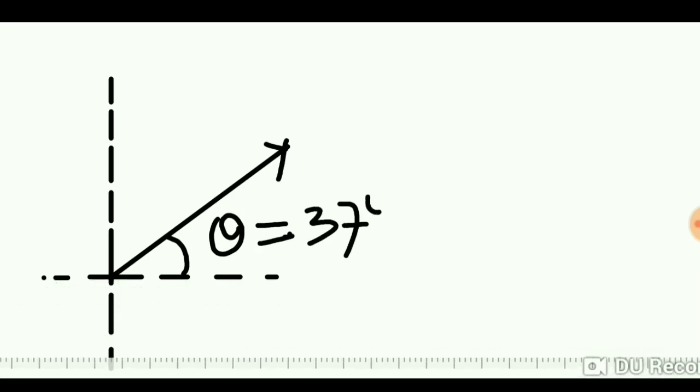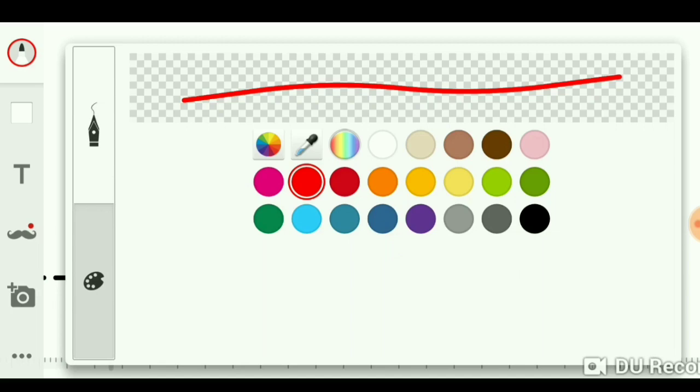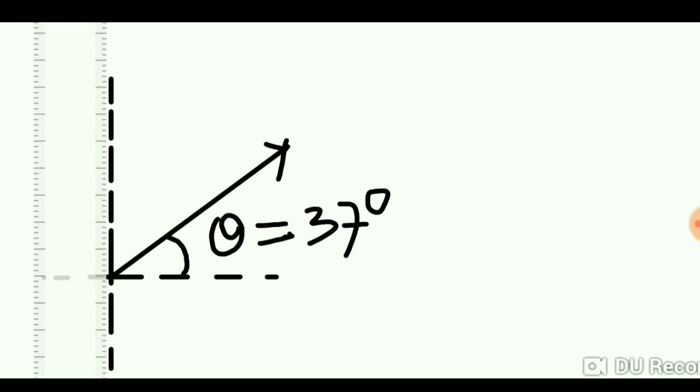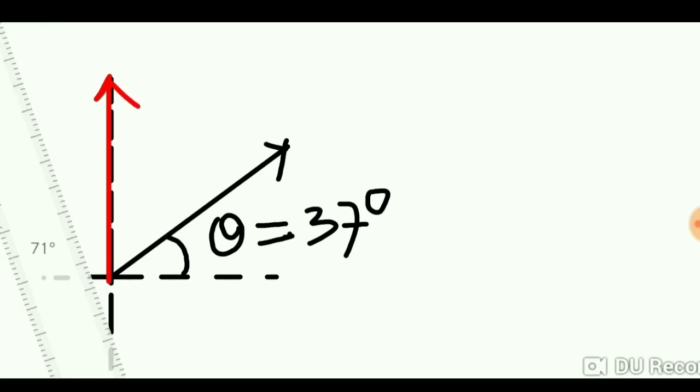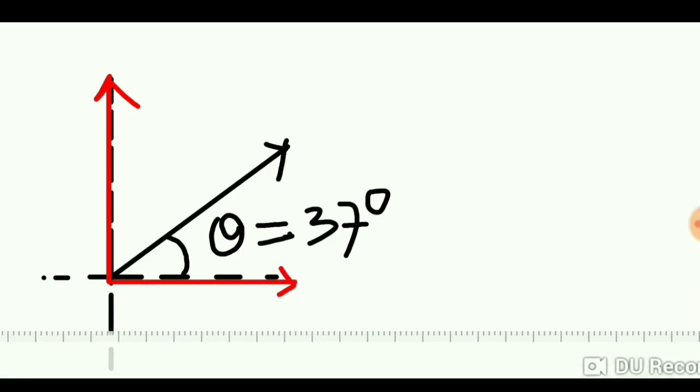Now what we need is the angle first, which is theta as we call it, and here theta is 37 degrees. Guys, it can be in radians also, but you have to convert it back, right? So we need to know what component of this force is acting in this direction, and what part of it is acting in this direction.